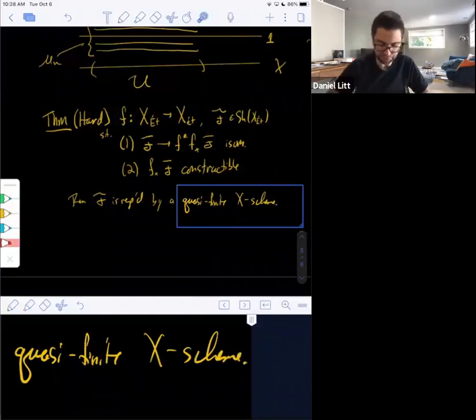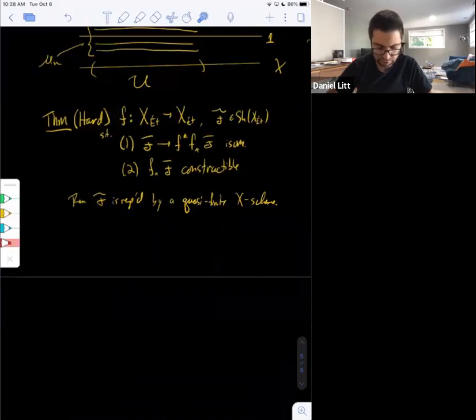Okay, so let's say what this means. First of all, what is f lower star of capital F? Can anyone just give me an explicit description of it?